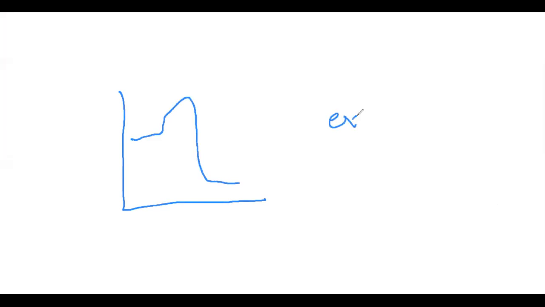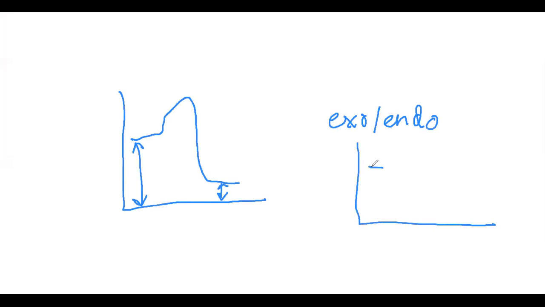So if I were to give you this diagram, you should know right away if it's exo or endo. And then you should also be able to label all these arrows. The tricky thing is that the arrows can move position.